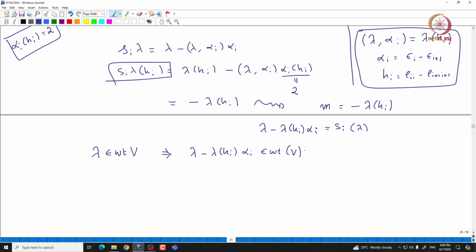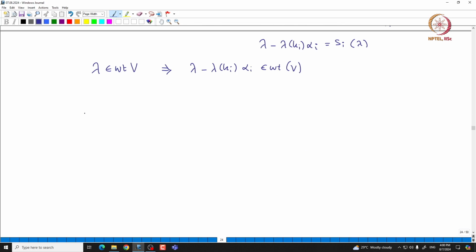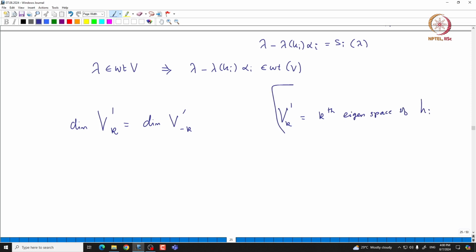Indeed we actually proved something more. If you take this SL2 representation V', the dimension of V'_k is exactly equal to the dimension of V'_{minus k}, where V'_k is the k-th eigenspace of h_i.